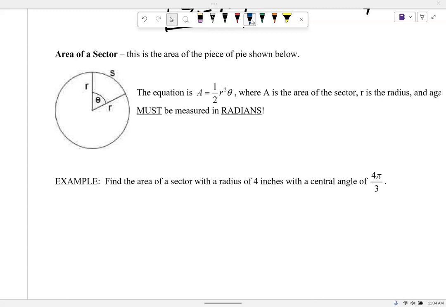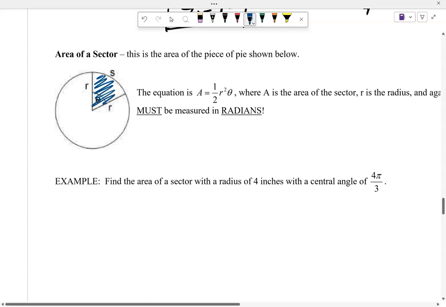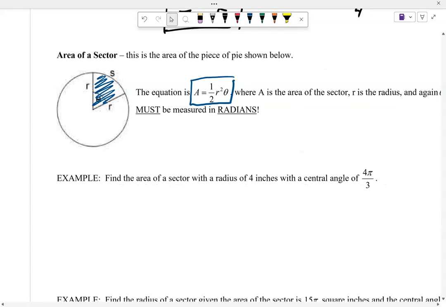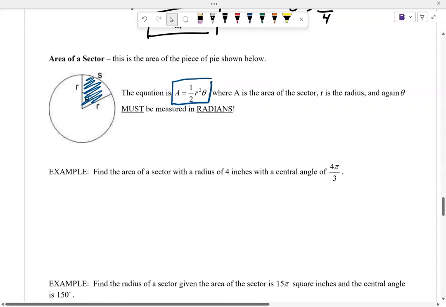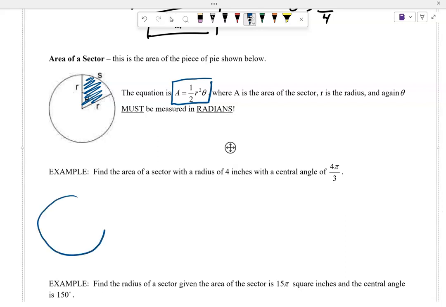The area of this sector is 1/2 r squared theta. Okay, and of course theta again has to be measured in radians. So where does this come from? Well, let me just, I'll erase this in just a second. But if I take, let me draw a little sector for a minute.